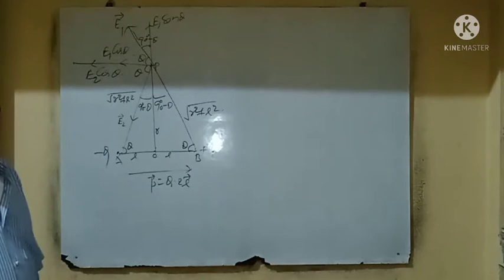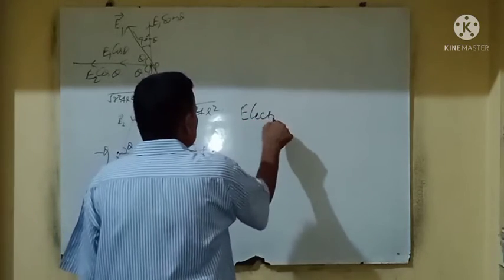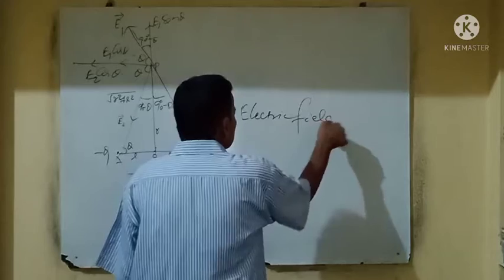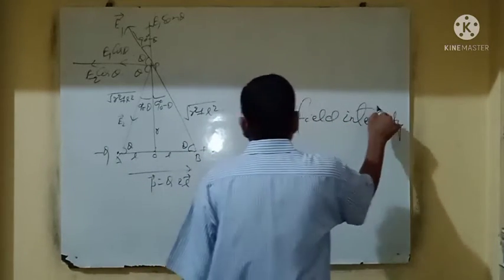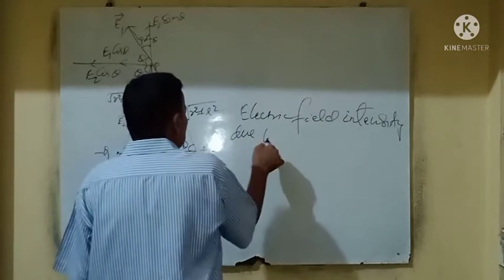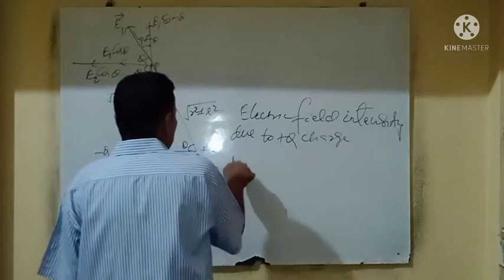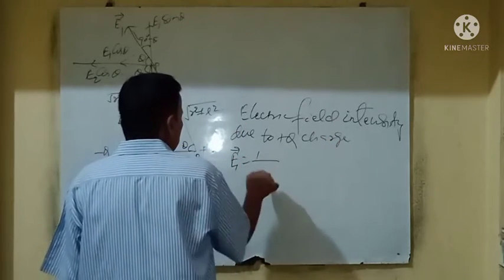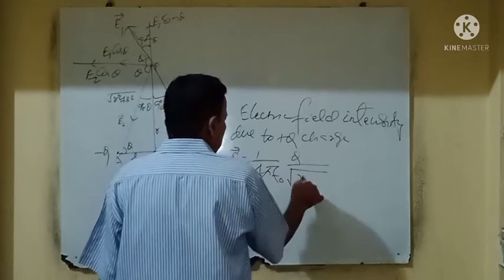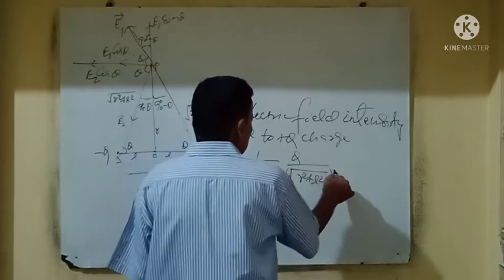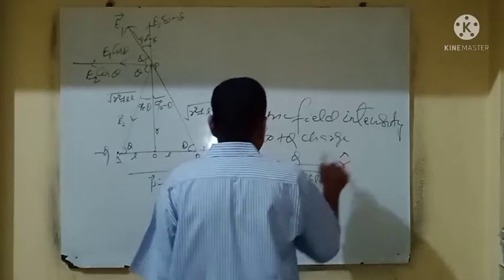Now what is the electric field intensity due to plus Q charge? We write E1 is equal to 1 by 4 pi epsilon naught, Q by root over R square plus L square the whole square, times r cap.